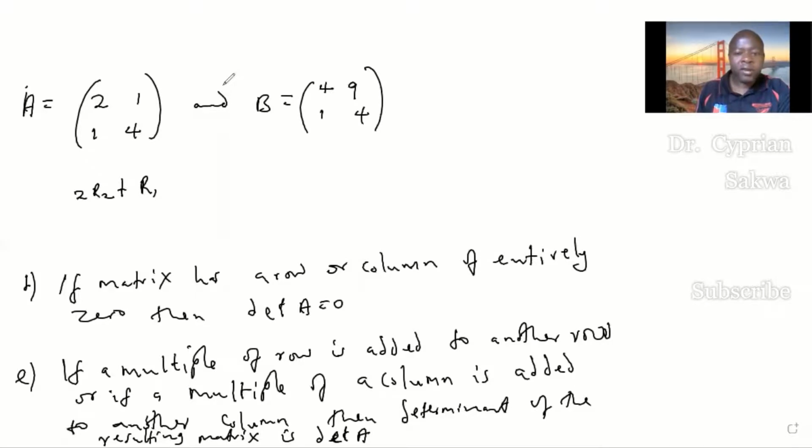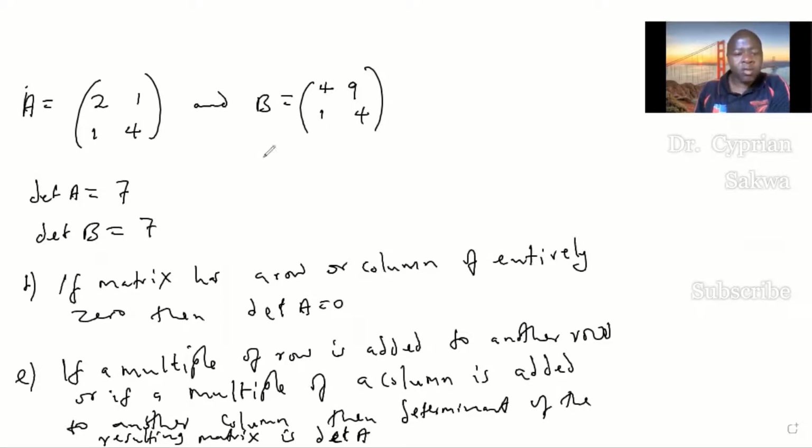Now let me find the determinant of these two matrices and see if they are equal. The determinant of A is 8 minus 1, which is 7. What about the determinant of B? The determinant of B is 16 minus 9, which is 7.